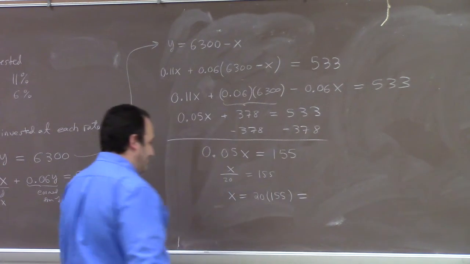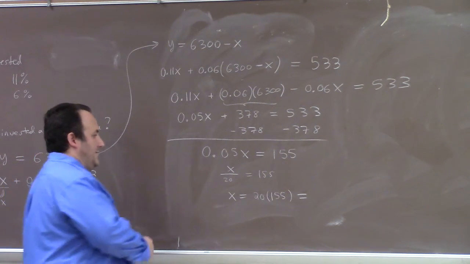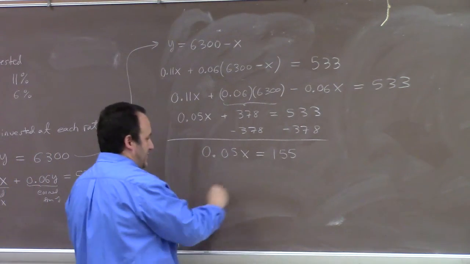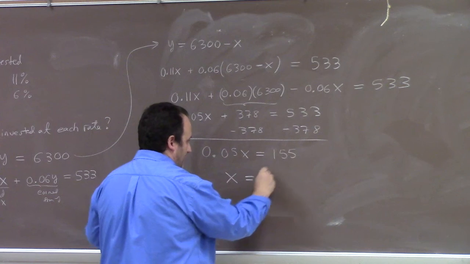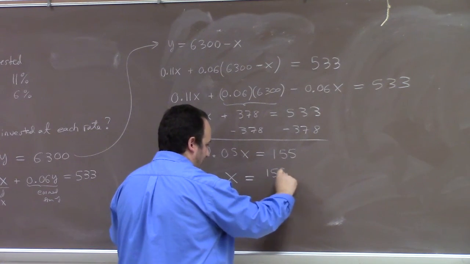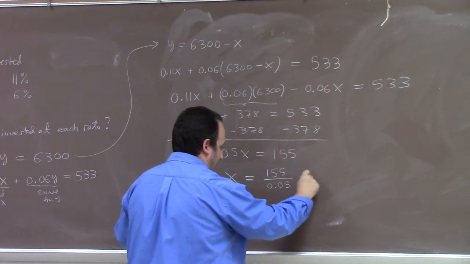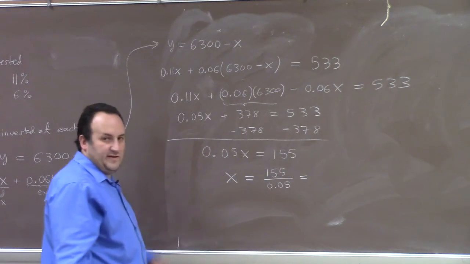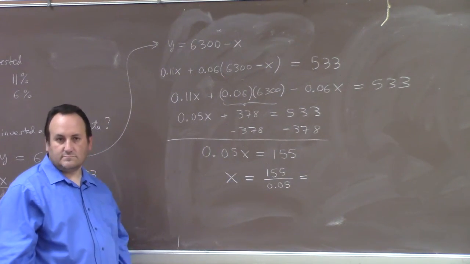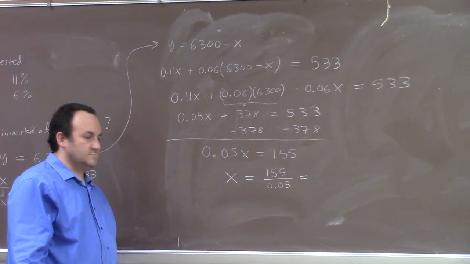Could you cross multiply? Of course, we could just say x equals 155 divided by 0.05, and you get your handy dandy calculator. What do you get?